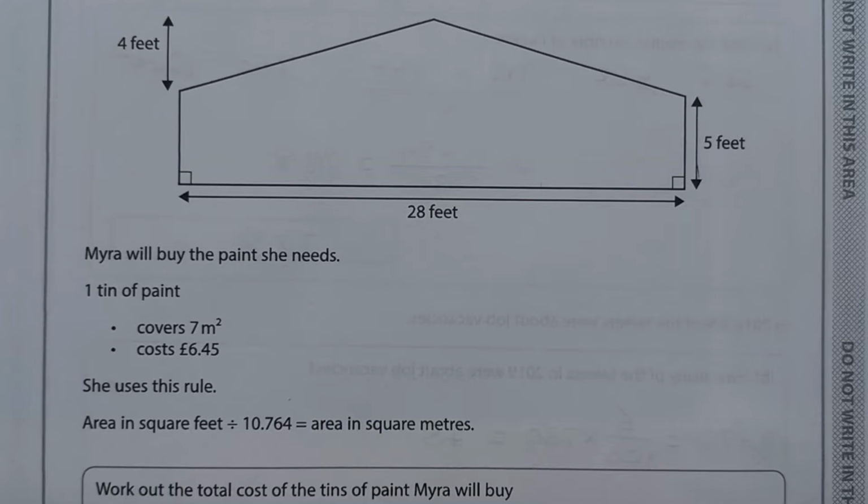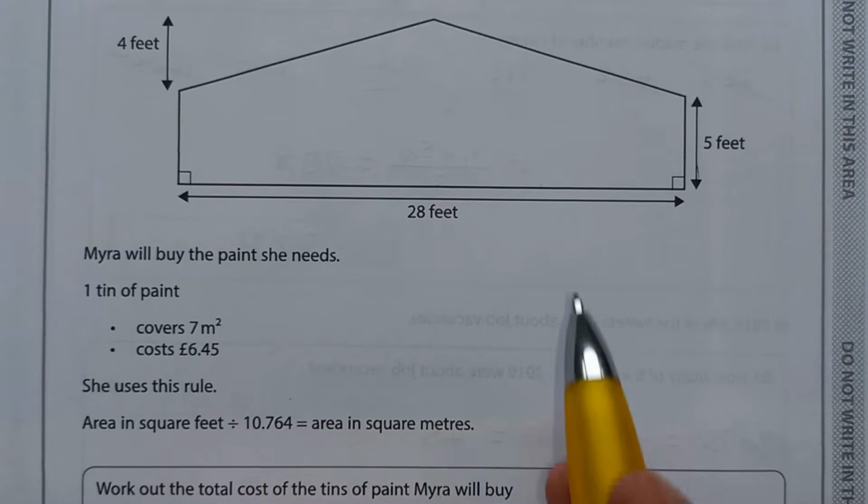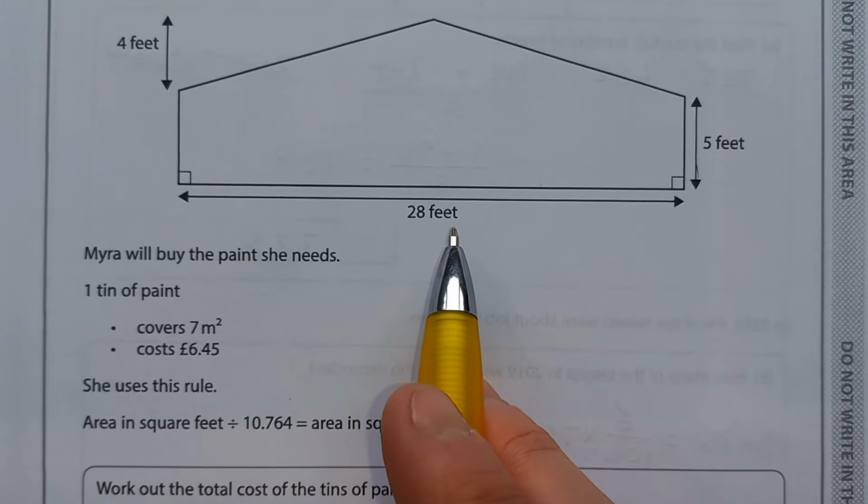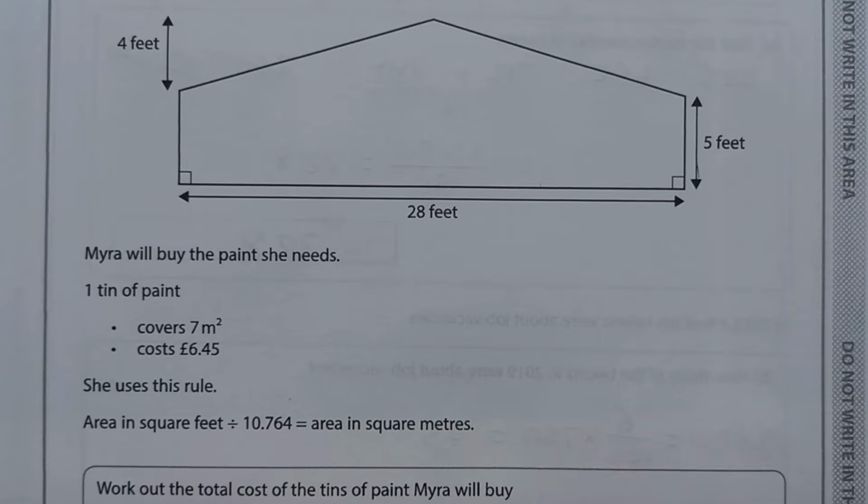Right, well, if we want to know the total cost, we need to know how many tins. To work out how many tins, we need to know the area, and we need it in metres. But before we can work it out in metres, we need to work it out in feet. Sometimes I would say to convert straight into metres, I'd usually say the first thing you should do is to convert.